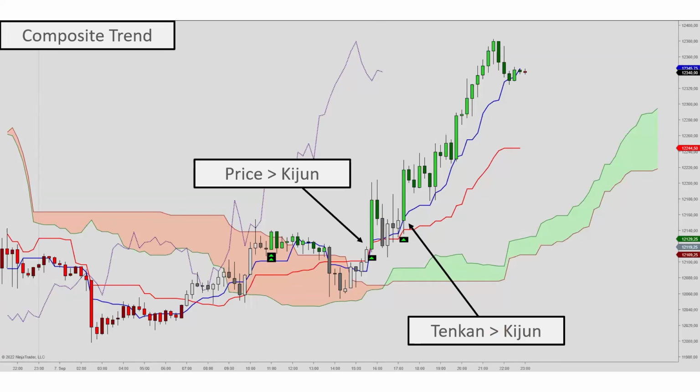And finally, we want the price to be above the Kumo, above the cloud. When all those conditions are true, you have a bullish green paint bar trend, as we see here. And when they're all reversed, it's the bearish bias. If some of the conditions contradict one another, that's when you have these neutral scenarios with gray paint bars. That helps filter out trades during uncertain or ambiguous price action.